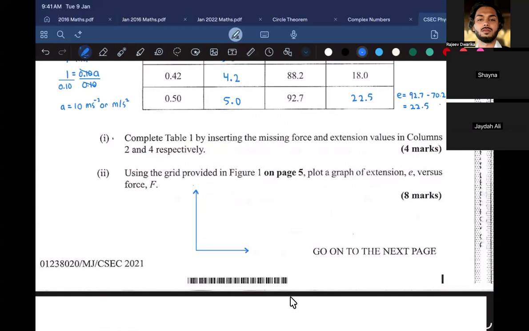Extension, right? Extension E. And what do they want us to plot on the x-axis? Force. Now, could you tell me what the gradient for this graph would be? Would it be k, or k inverse, or 1 over k?